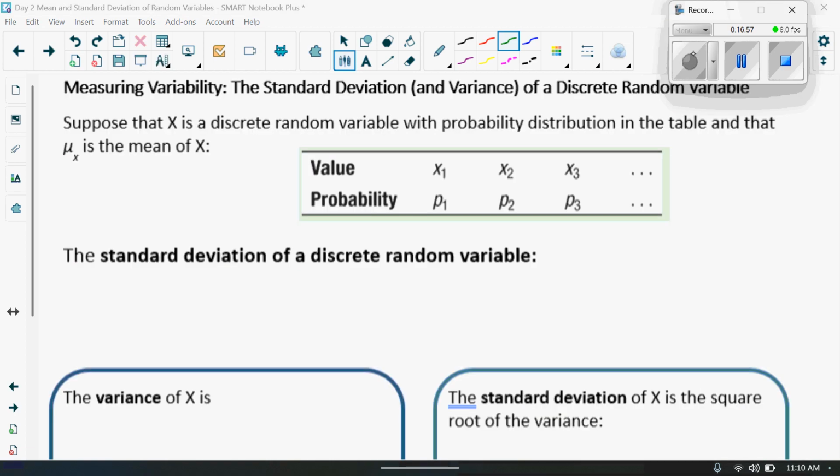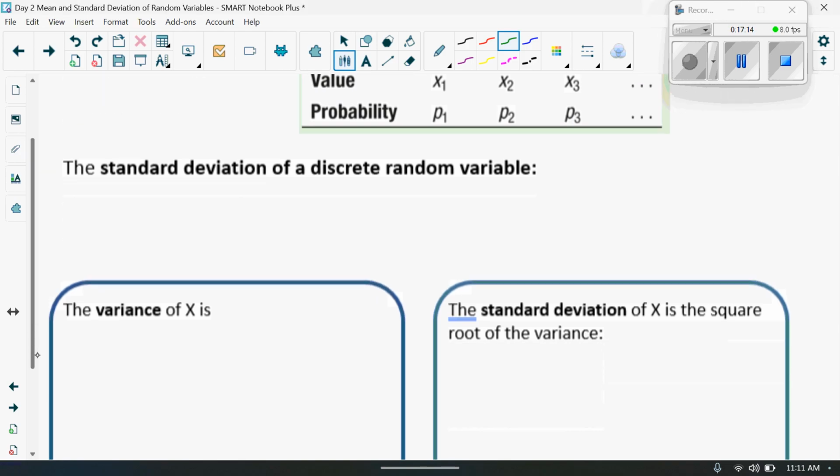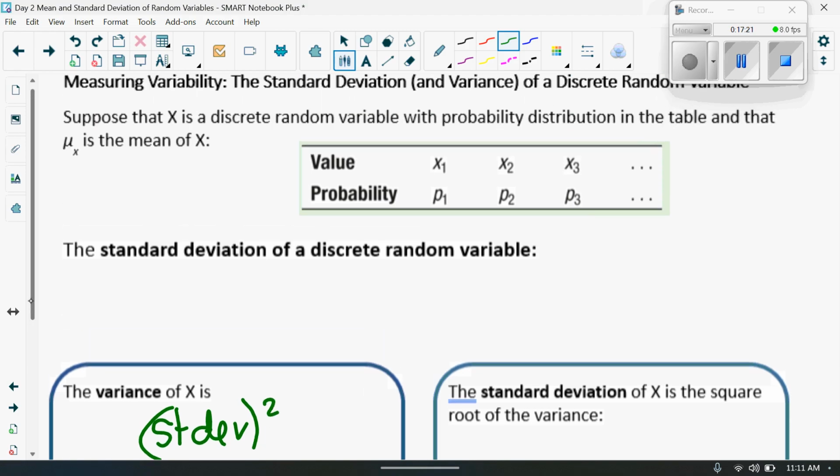Now, not only can we find this mean, which is a measure of center, but we can also find a measure of spread using formulas, and that is called the standard deviation, and we can also find the variance. They are related to each other. So the variance is actually the standard deviation squared. The standard deviation symbol, which you've seen before, I'm sure, is the symbol sigma, lowercase sigma.